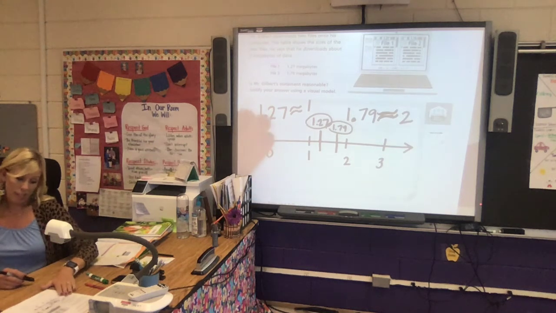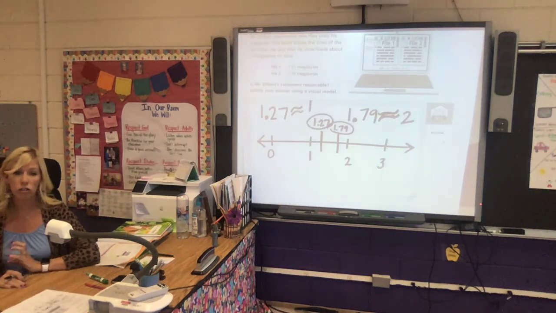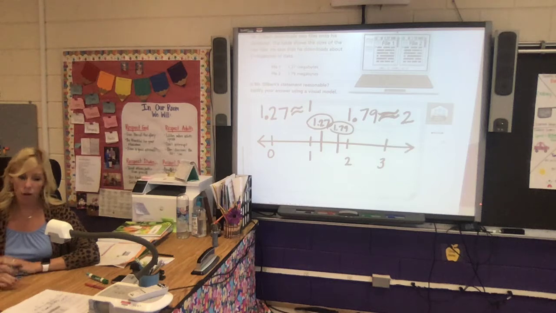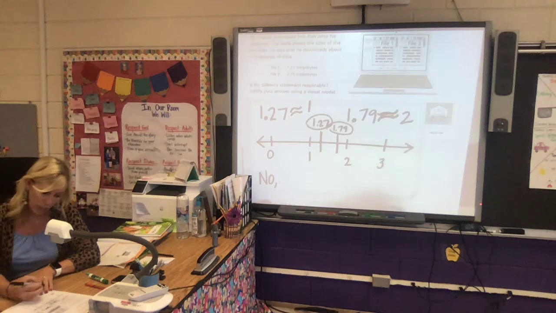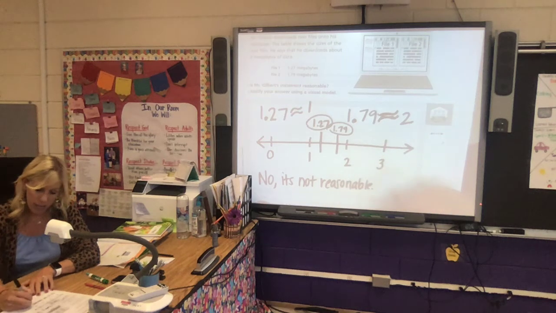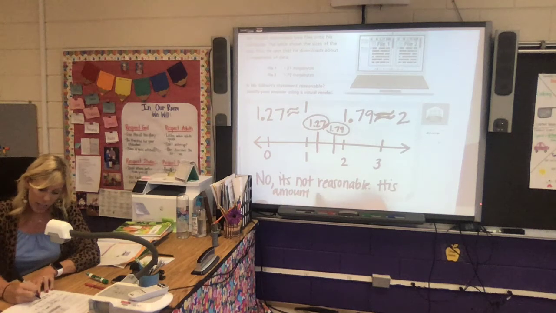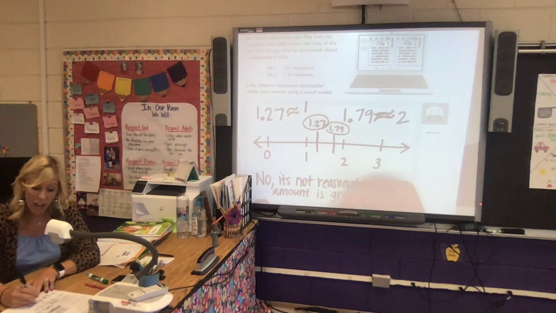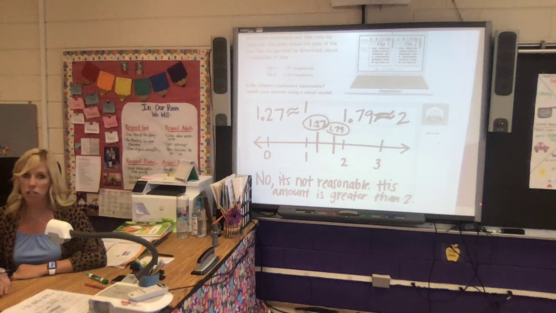So if we were to estimate, if file 1 is about 1 and file 2 is about 2, together that would be about 3. So I'm going to say no, it's not reasonable. His amount is, we can just say, is greater than 2, because right now we didn't find an exact answer, but we know that it's not going to be just 2.